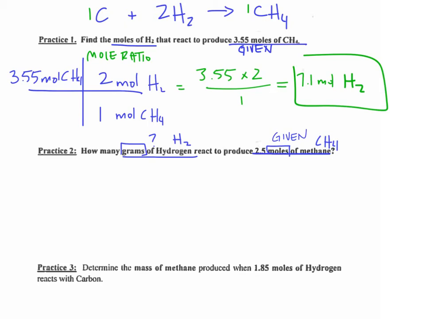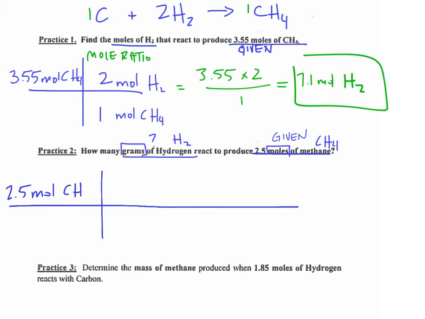Okay, so I'm going to start with a T-chart. I'm going to list what's given to me, 2.5 moles of CH4. And then I'm going to bring down moles of CH4. And I know that I want to go to hydrogen, so my only opportunity to go from one substance to the next is if I use my mole ratio.